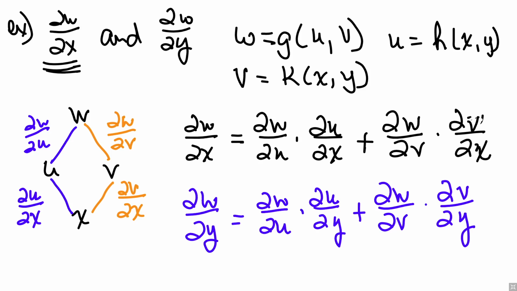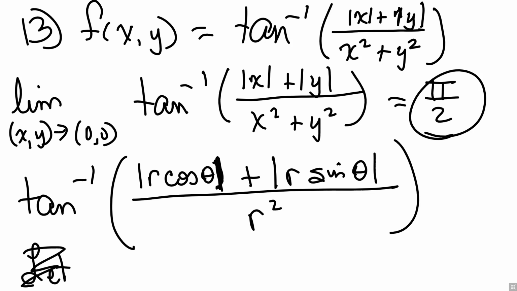Okay, so let's look at the last one where we're doing the tree diagram, and draw that one up. If we take a look at this last example, we want to do the partial of w in respect to s.